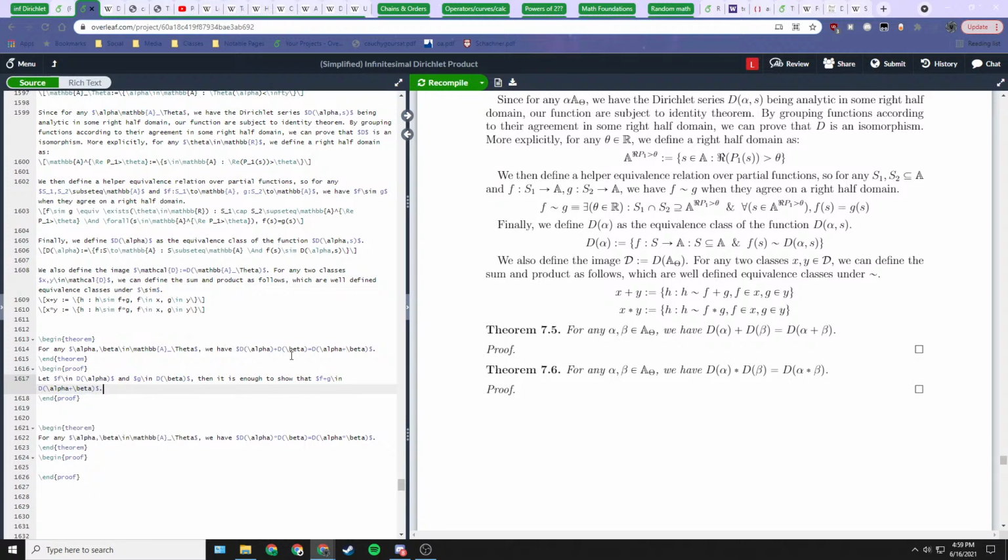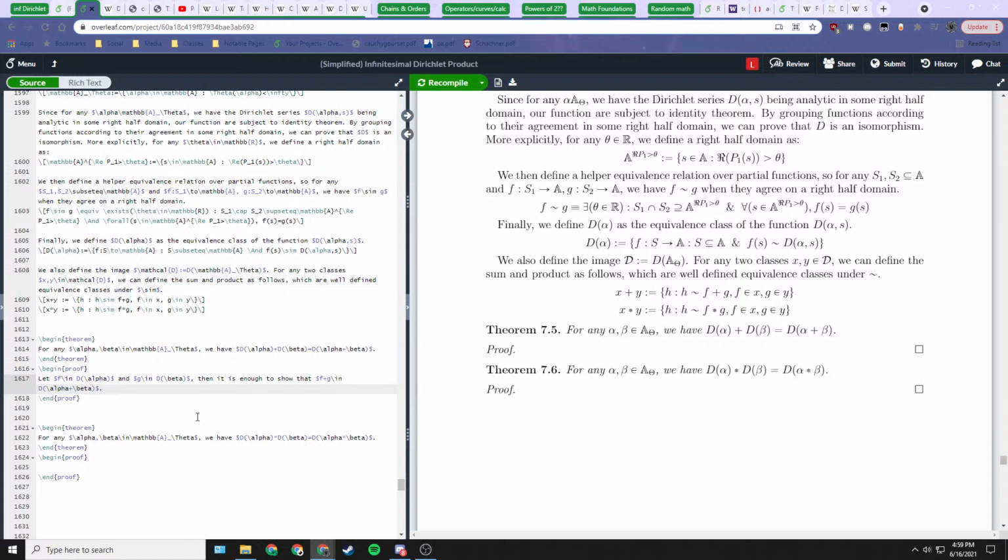We're just going to prove that it's in this equivalence class, and because equivalence classes are disjoint, if there's any intersection, they have to be identical.